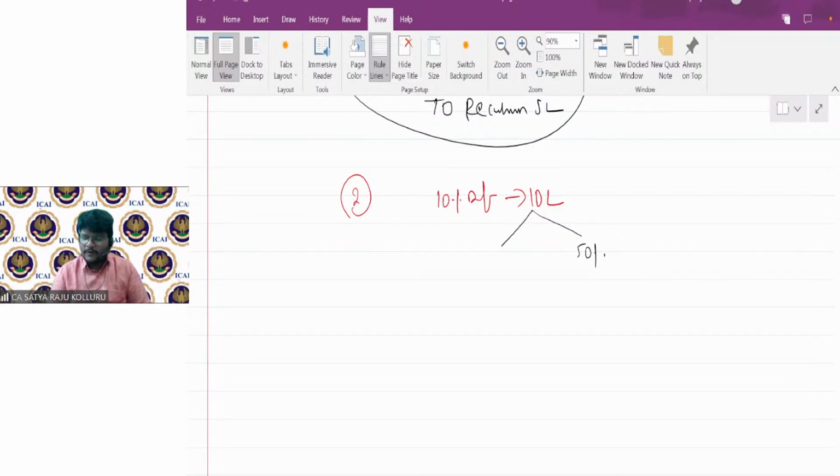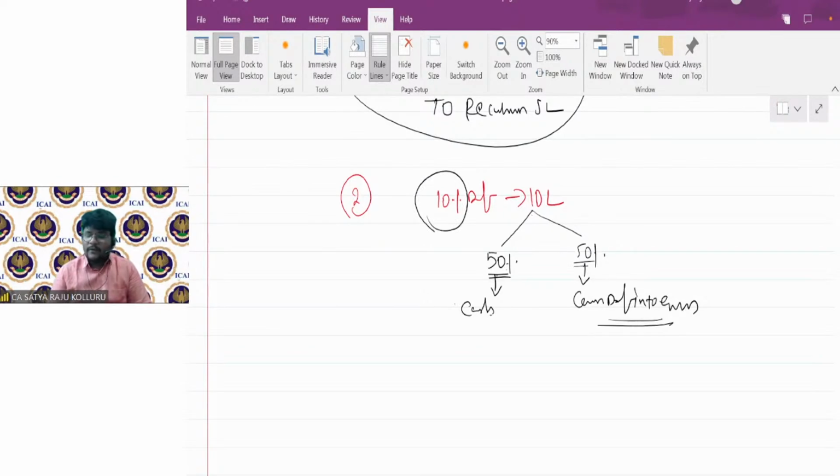For the first 50%, the company is going to convert debentures into equity shares, and out of the remaining 50%, the company is going to pay cash. Okay, I'll add one by one. Please, all of you observe. There will be some changes, example to example.